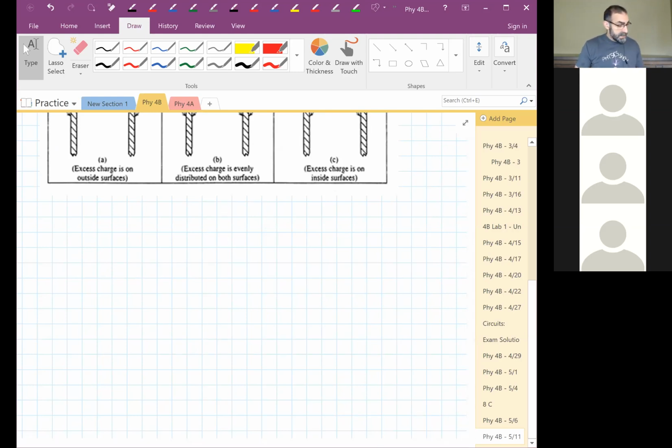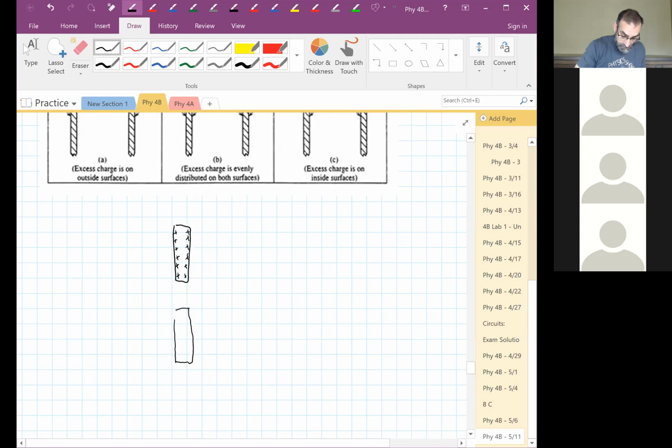So let's think about this for a second. We've got one plate and it's got some charge on it, right? Half on one side, half on the other side. Now we bring another plate close by, with an equal amount of negative charge.